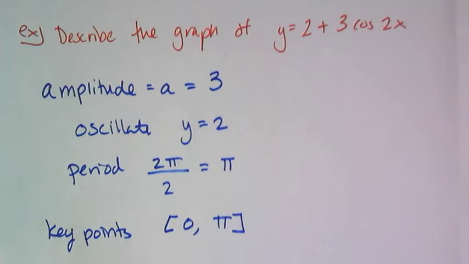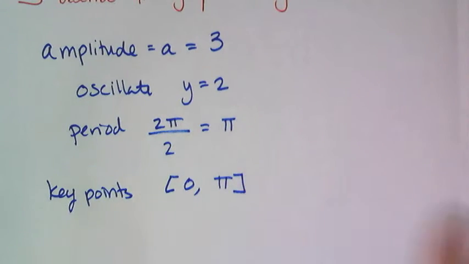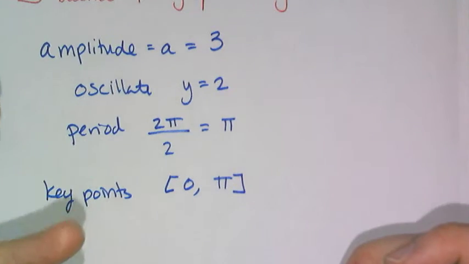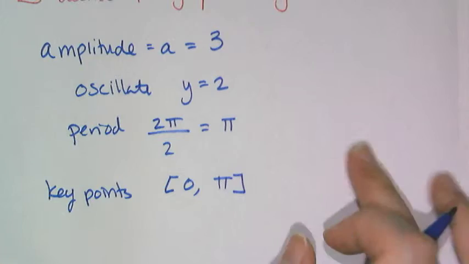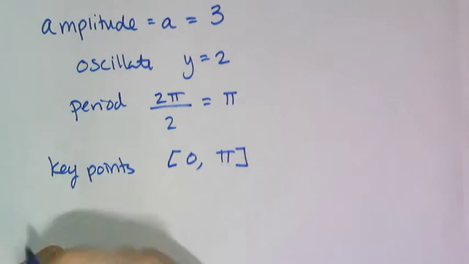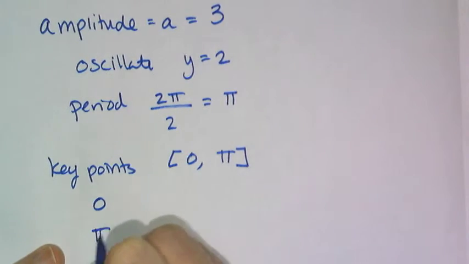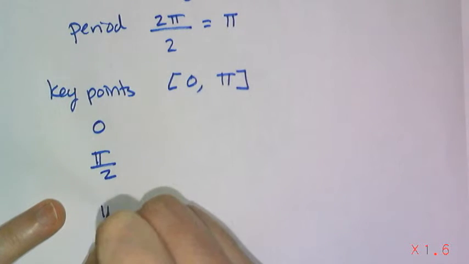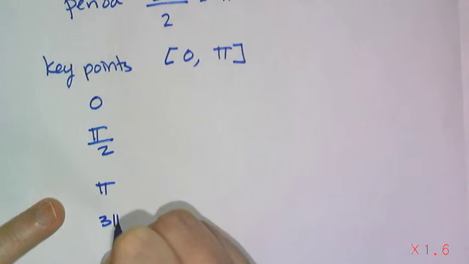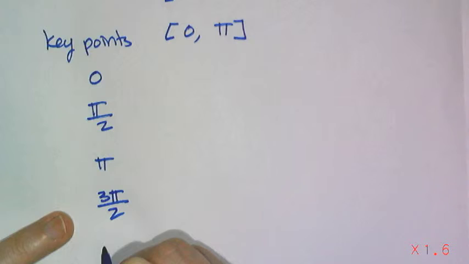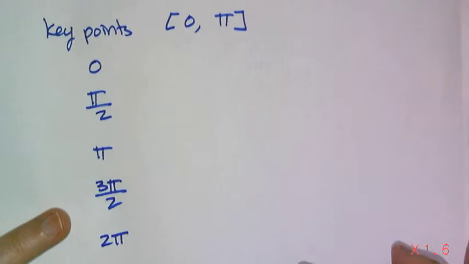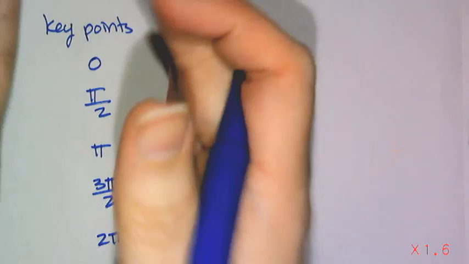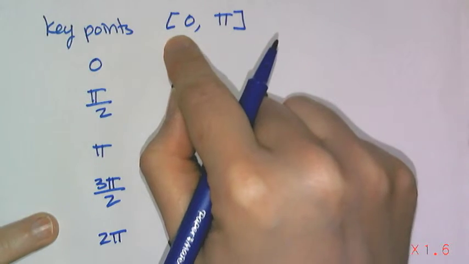And so then I just have to think about, well, how is that different than normal cosine? Well, it's half the length of normal cosine. And normally cosine has key points at 0, pi over 2, pi, 3 pi over 2, and then 2 pi. But what I'm doing is I'm going to compress these same key points into the interval from 0 to pi.